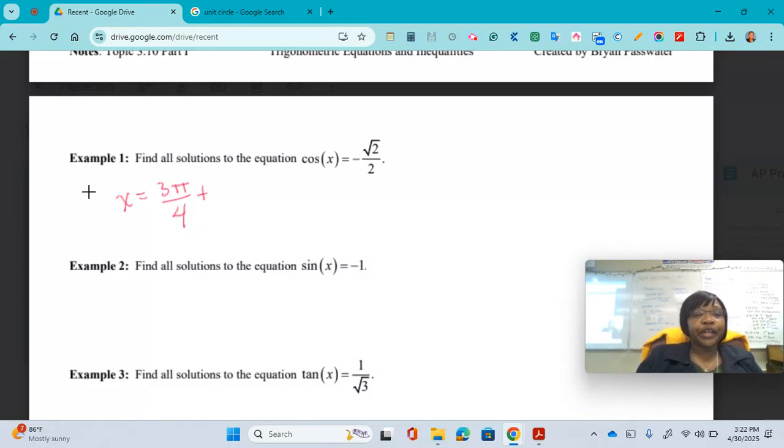3 pi over 4 plus a full period of 2 pi. That's what we just did. Teamwork. 2 pi k. All right, so when is our x value negative square root 2 over 2?